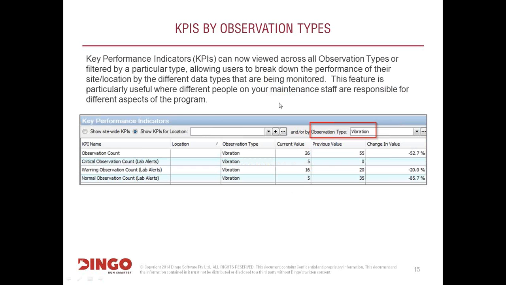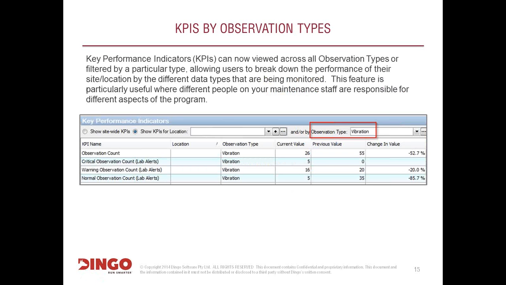Our KPIs as well, they've now been broken down by observation type. So as it says, it lets you break down the performance of your site or location by whichever data types are being monitored there. It could be particularly useful if you have different maintenance staff responsible for different aspects of your program, and you want to be able to separate how things are performing by your different locations and also different observation types within that location.